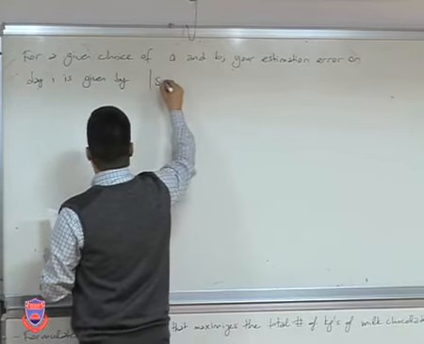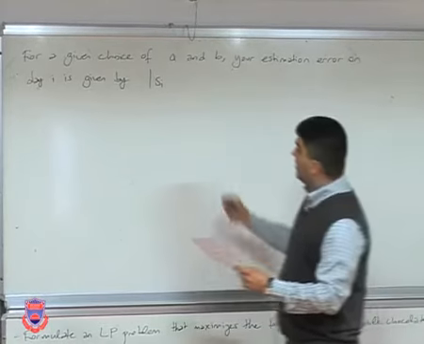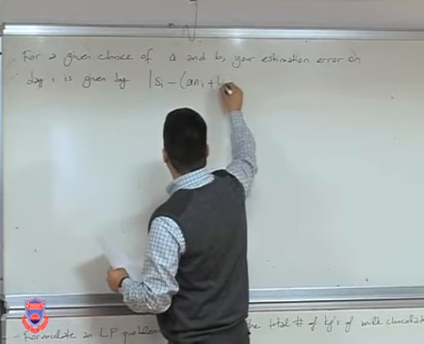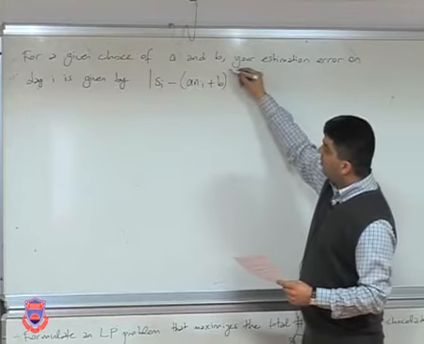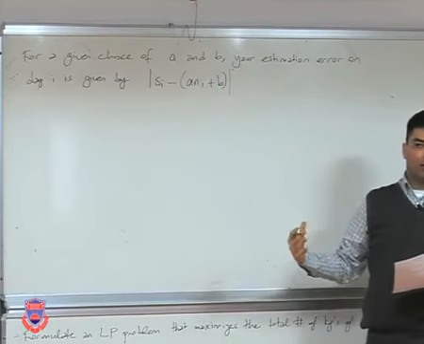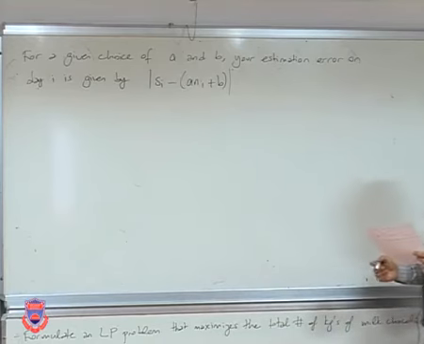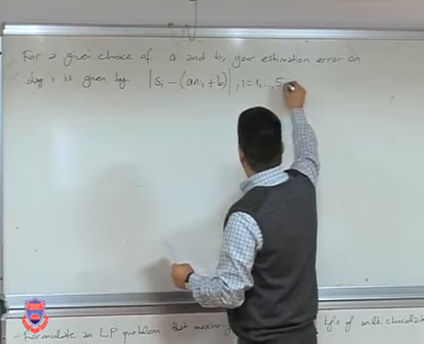S_i is the actual stock price minus A N_i plus B, which is the predicted stock price by your model. So we look at the difference and take the absolute value, because we can deviate in either direction. And i is equal to 1 through 5.